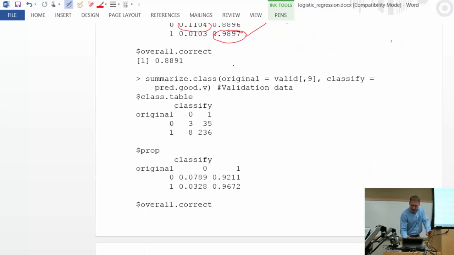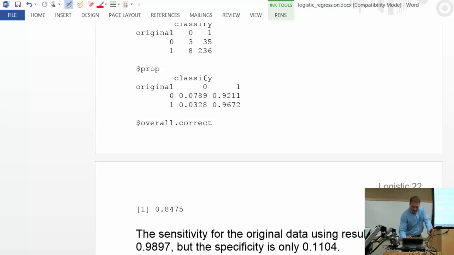So I use summarize.class again. My original or my observed classifications or observed successes and failures are in the 9th column of the valid data set. And then my classifications were calculated and put into pred.good.v. And this is what I get. My sensitivity is now about 97%.